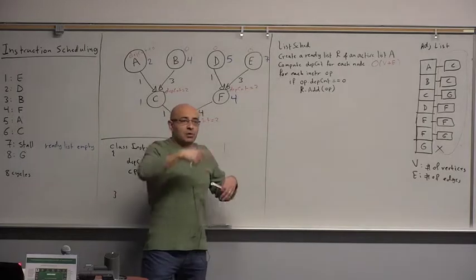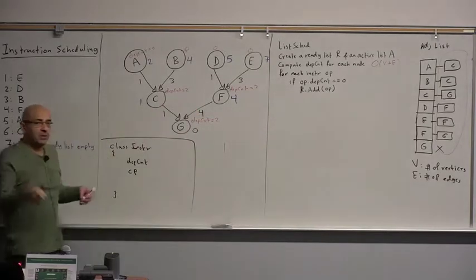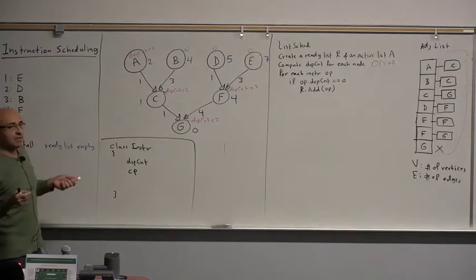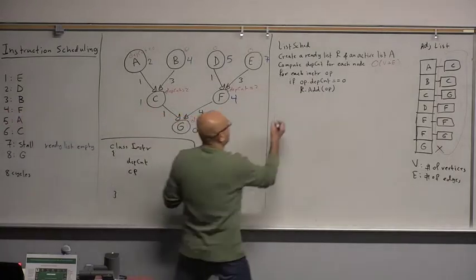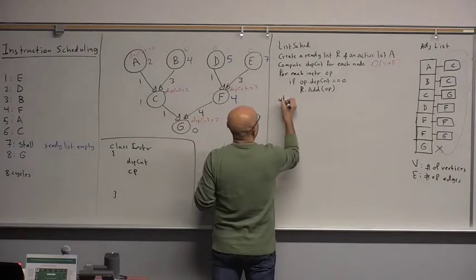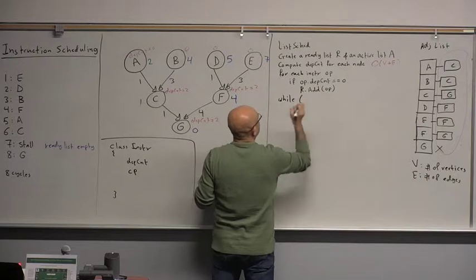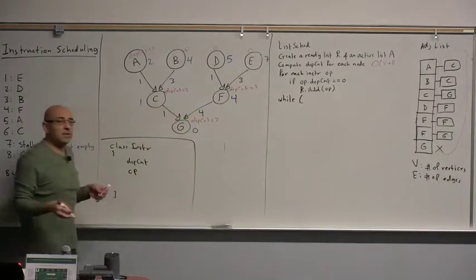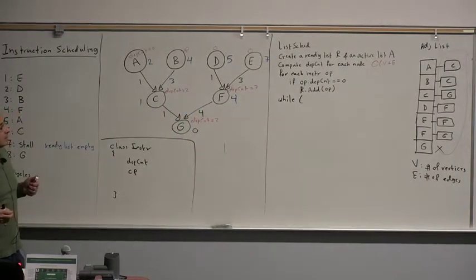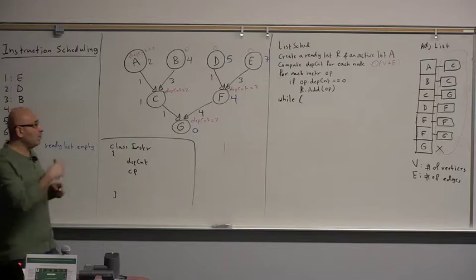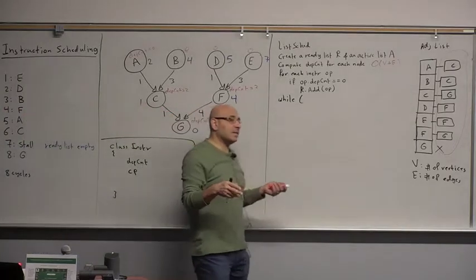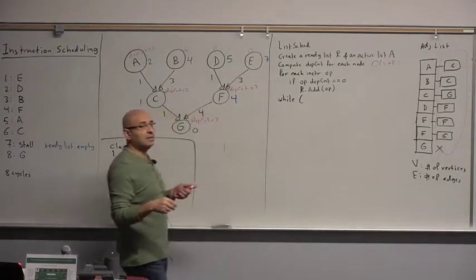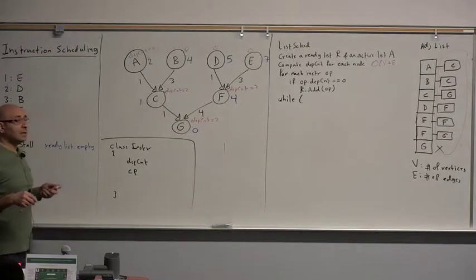Then we will have to go through the ready list. We keep looping, and we pick one instruction from the ready list. So we will have a big while loop. While, what should be the termination condition here? We should keep looping as long as the ready list and the active list... Yeah, exactly.